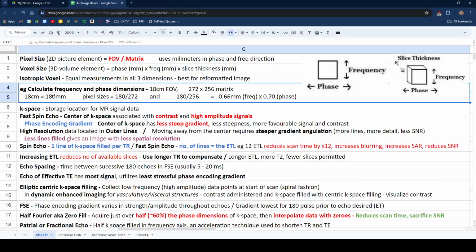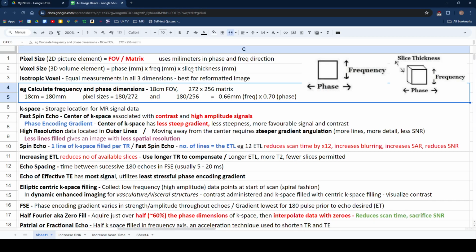So for example, calculate the frequency and phase dimensions if they give you an 18 centimeter field of view and a 272 by 256 matrix. So 18 centimeters to get to millimeters is 180 millimeters. And there are 2 different dimensions to get this. So pixel size is field of view divided by matrix.